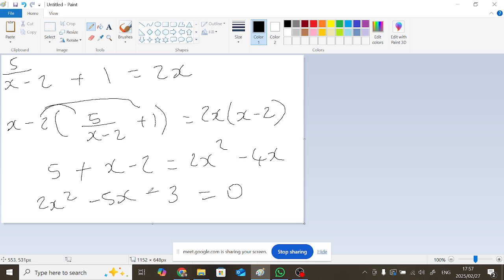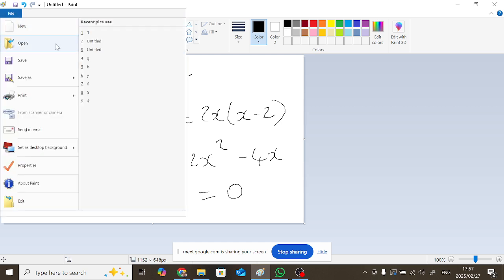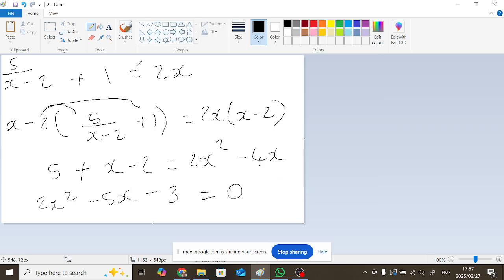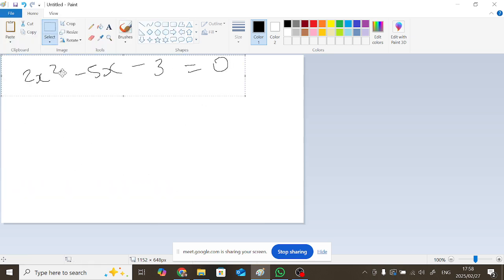Now we can just use our quadratic formula for that. So the quadratic formula is x equals negative b plus or minus the square root of b squared minus 4ac, over 2a.